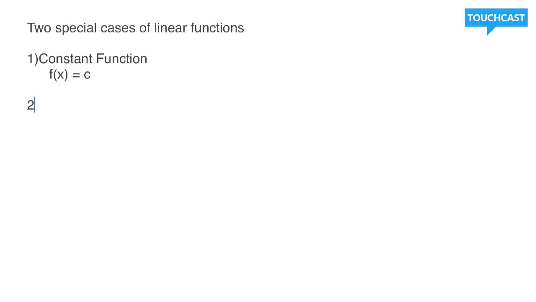The other case, case 2, is the identity function. All that means is we're going to have f of x is equal to x. For any value of x, y is going to be the same thing. That's all that means.